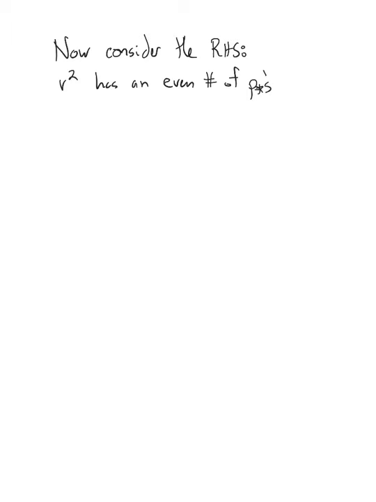Or you could think of it, the exponent of p star is even, right? Because that's what an exponent means. How many p stars do you have multiplied together? So the exponent is even.